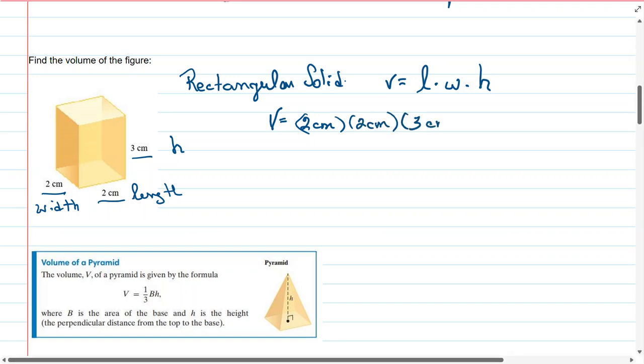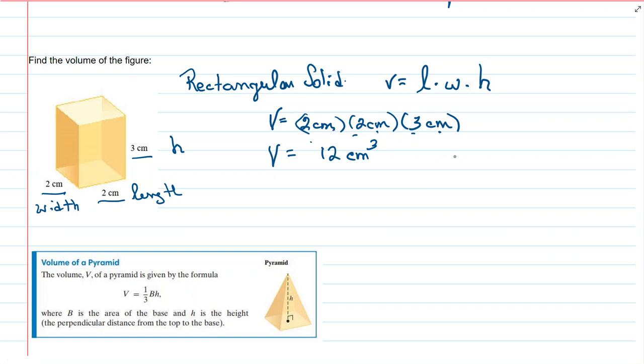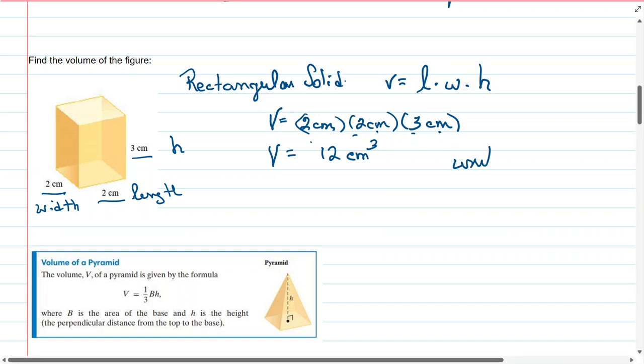So if we multiply that out, we have 4 times 3, is 12 centimeters cubed, because we're doing volume. And I forgot to mention that the units of the product is in cubed measurements.